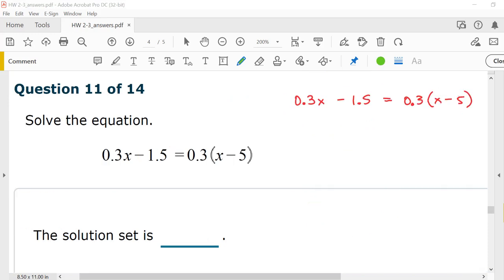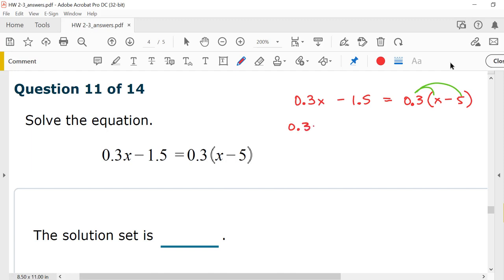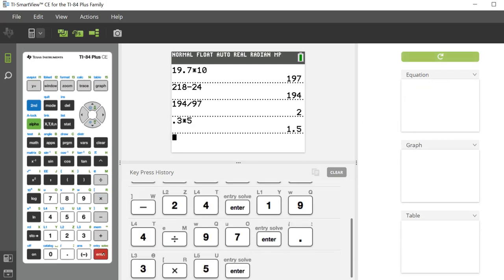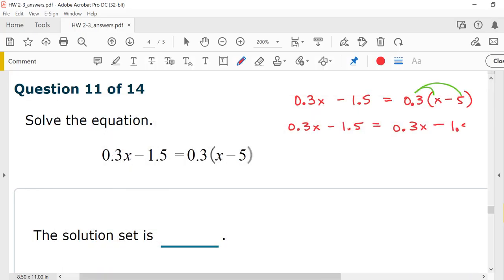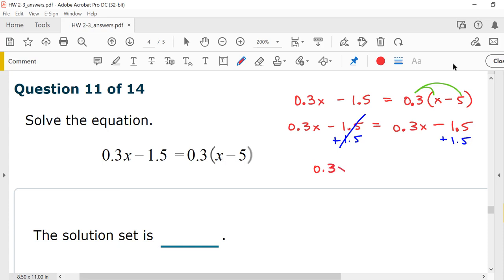Number 11, I would distribute that to 0.3 on the right first. So I have 0.3x minus 1.5 equals 0.3x minus, 0.3 times 5 is 1.5. Oh, look, I have the same thing on both sides. So if I were to add 1.5 to both sides, I don't even need to clear decimals.